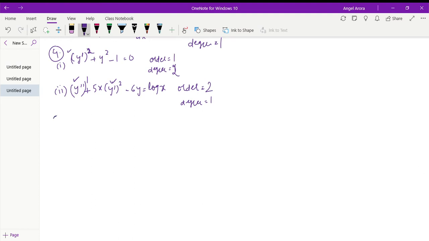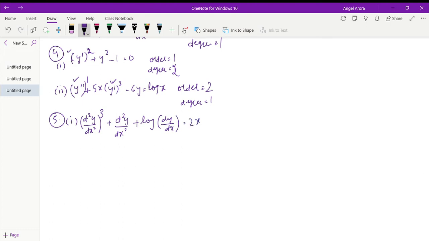Fifth question. d squared y upon dx squared raised to 3 plus d squared y upon dx squared plus log dy upon dx is equal to 2x.